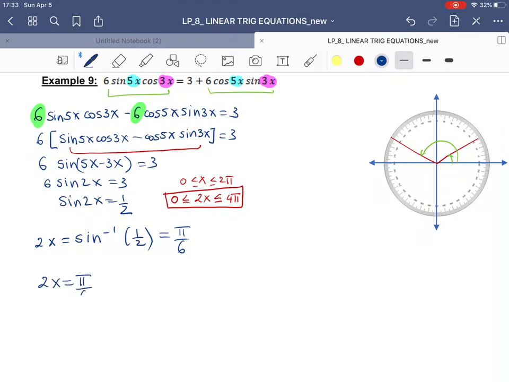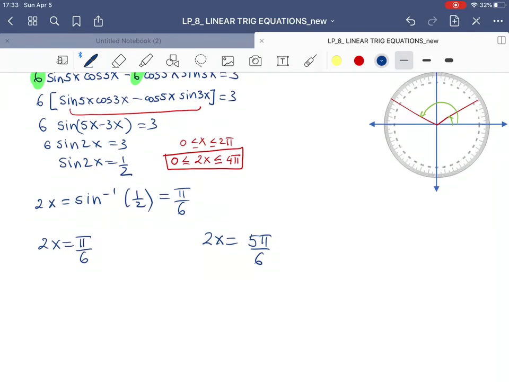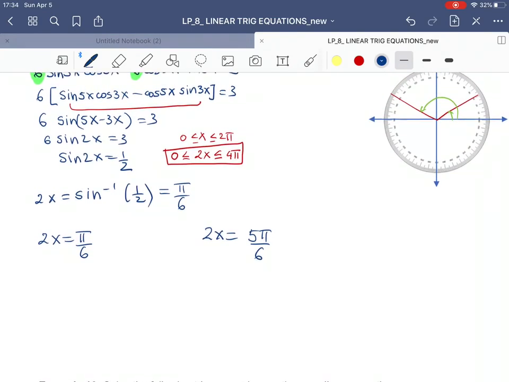So 2x equals pi over 6 or 5 pi over 6. Since we have doubled the domain, we're going to say, well, add 2 pi to pi over 6, and you got a third solution, and add 2 pi to 5 pi over 6, and you got all the solutions.